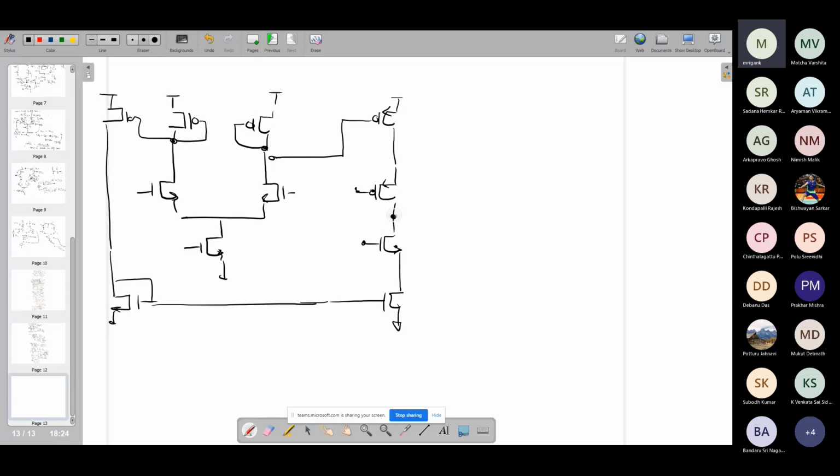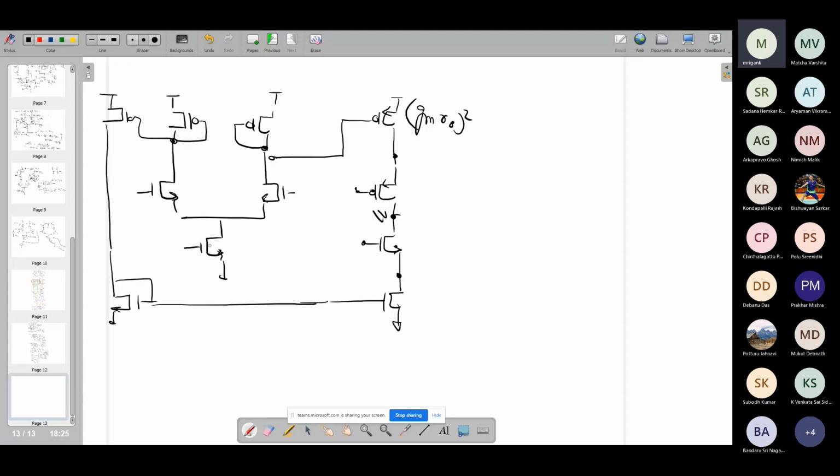This is a high impedance node. This is the point at which we are going to get the dominant pole, and the other nodes are... This one is also relatively high impedance, but compared to this, it is still lower. So this is the dominant pole, and this is the stage which is providing us gain of the order of gmro squared. Now, first of all, we can look at the DC bias.